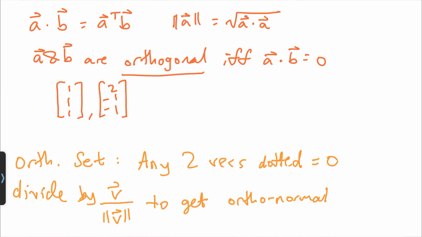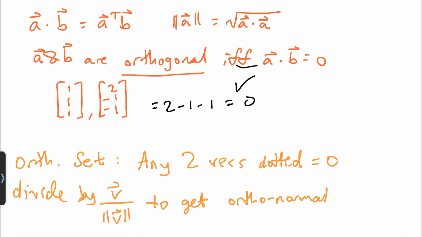Another concept is orthogonality, which is just a fancy way of saying perpendicular. So A and B are orthogonal if and only if A dot B equals 0. And so in this example here, if we do the dot product, 1 times 2 is 2 plus 1 times negative 1 is negative 1 plus 1 times negative 1 is negative 1, and that equals 0. So that checks out, and these two are orthogonal.